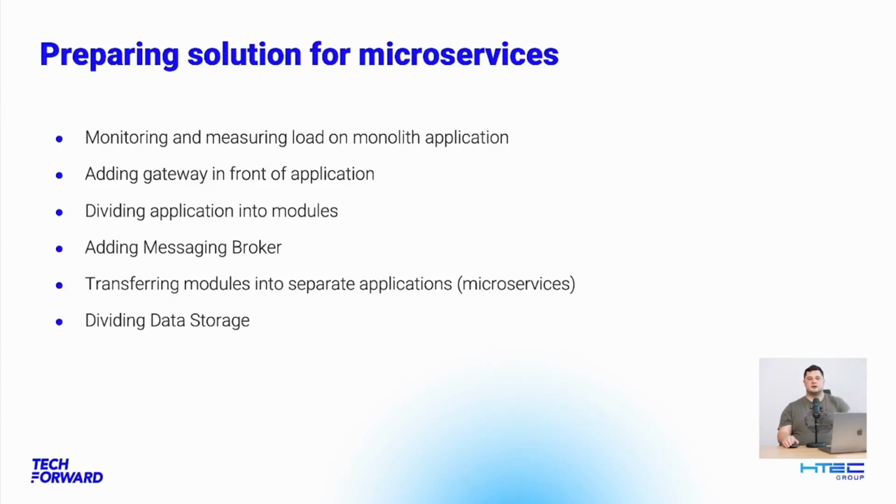These would be the steps in the process, which will be explained in more detail in the next few slides: monitoring and measuring the load on the monolith application, adding a gateway in front of the application, dividing the application into modules, adding a message broker, transforming modules into separate applications, dividing data storage.